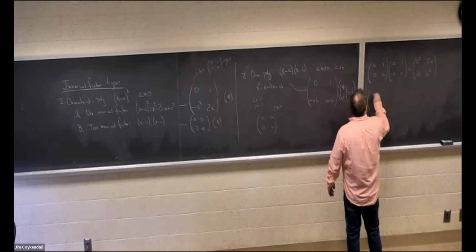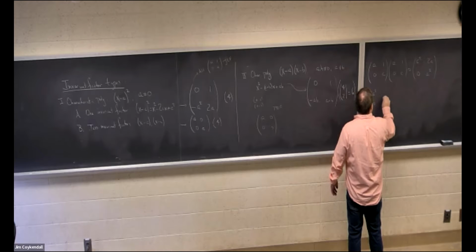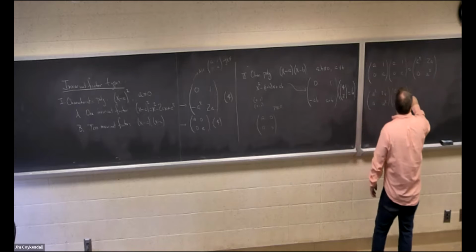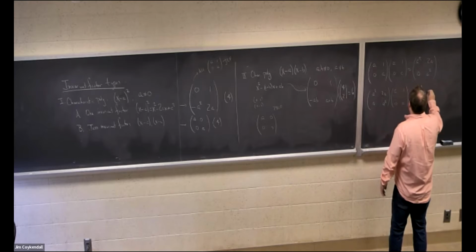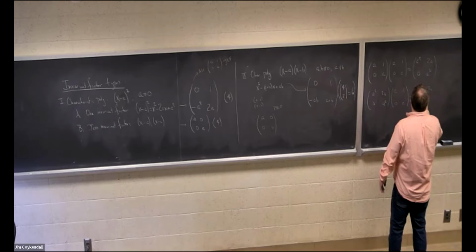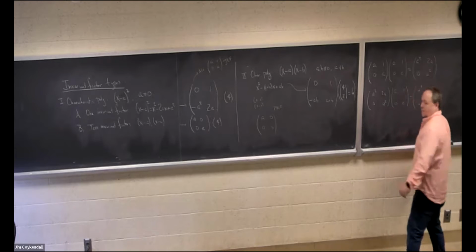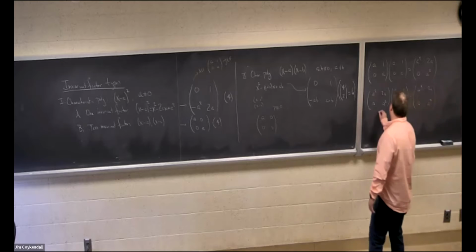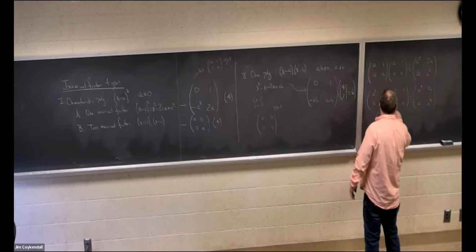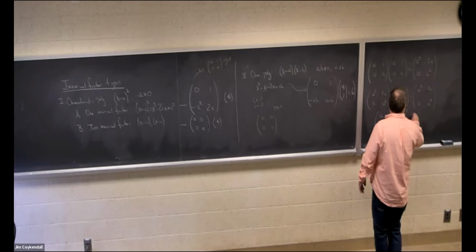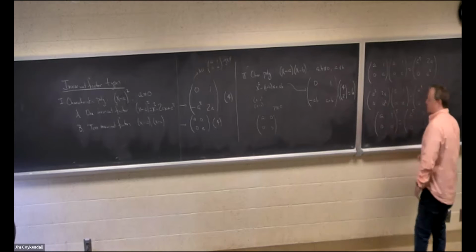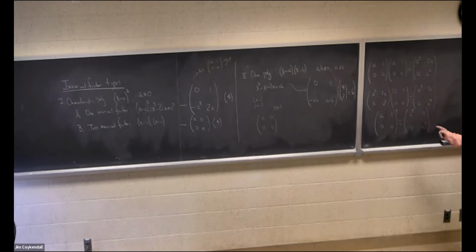And A cubed is A cubed, 3A, 0, A cubed. Everybody okay? Y'all see the pattern? So if you look at A10A to the fifth power, this is A to the fifth, 0, 0, A to the fifth. And A to the fifth is A.